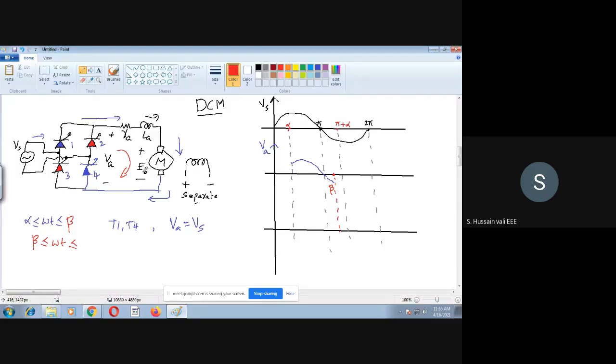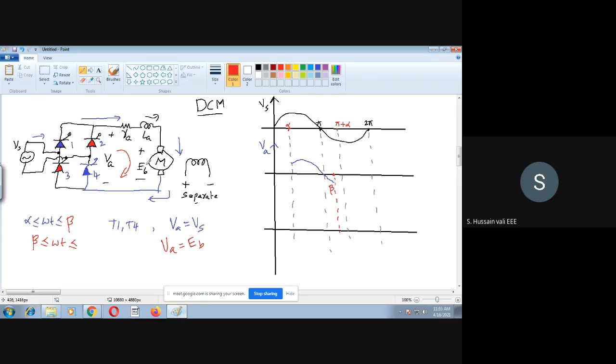Even though the current in the motor is 0, the motor is still running, so the EMF is always present. Now apply KVL in this closed path, VA, EB, then you will easily understand that VA is equal to EB. No thyristor will conduct in this interval.